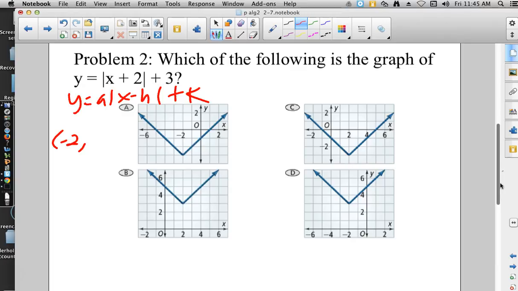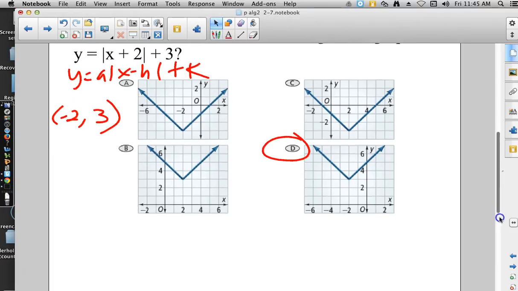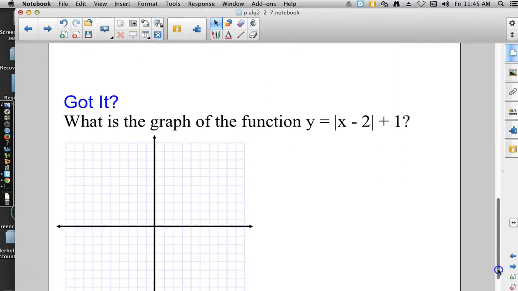Up 3. There's my new vertex. Which one of these has that vertex? It's the only one. That's our absolute value graph right there. That's what we needed. So, h and k, not too bad.